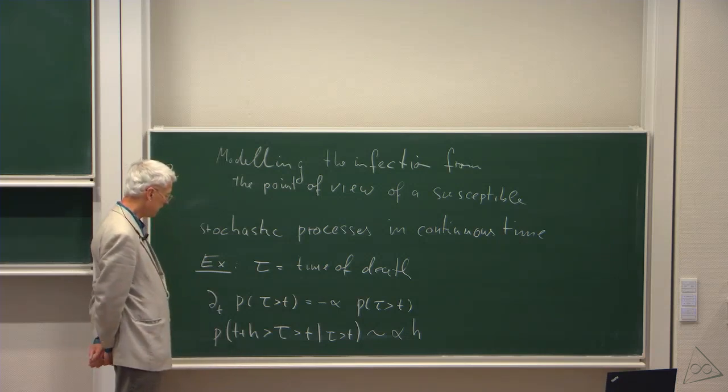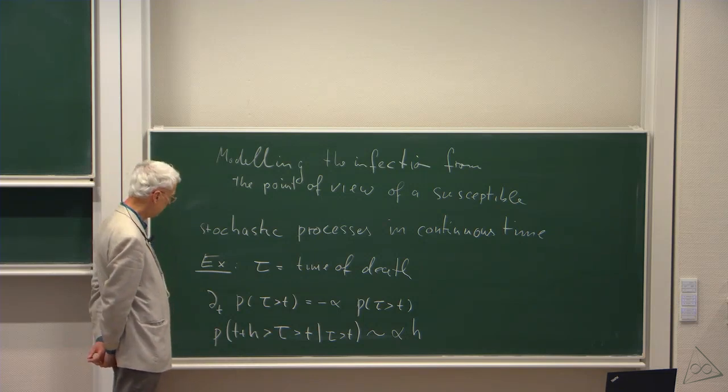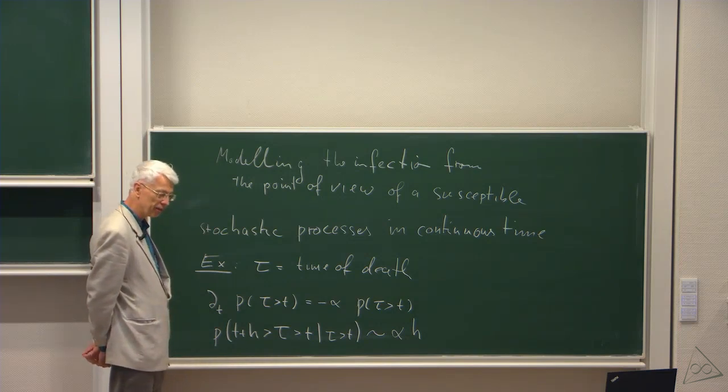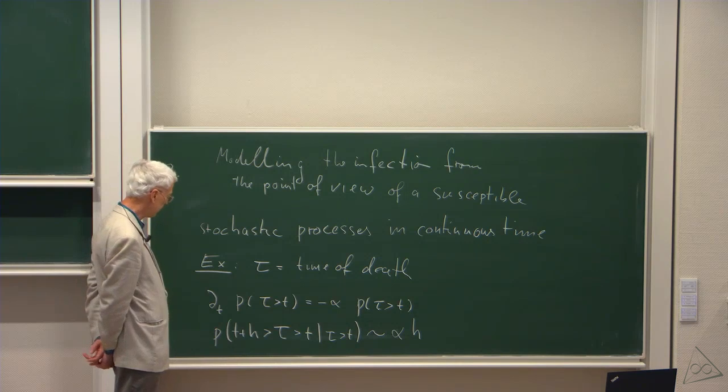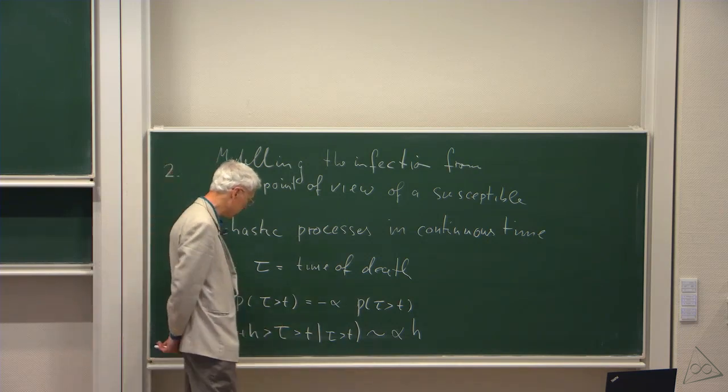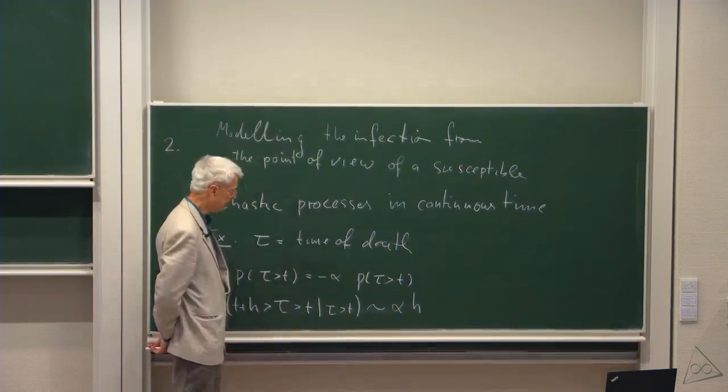So I start with an example which will also be of some interest later, because I want to compare later on the probability to die from corona to the probability to die at all in the next year for someone who gets infected.